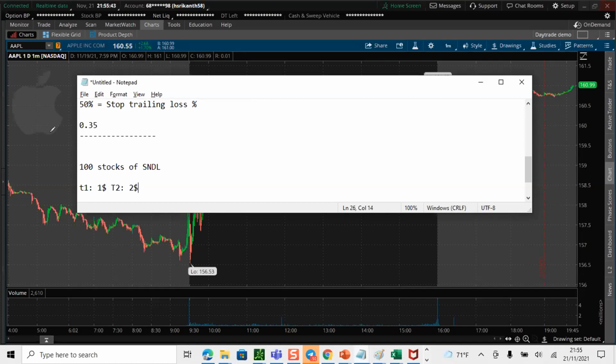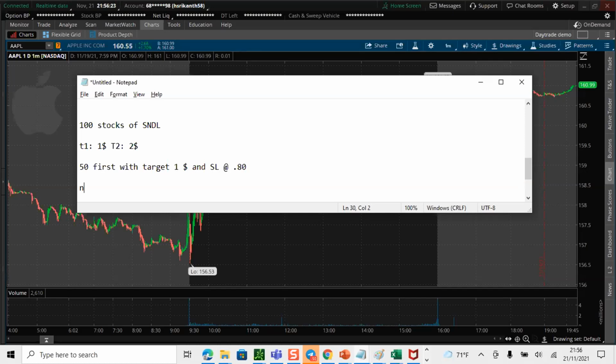Some people say that I need to set up a stop loss. They wanted to sell it incrementally, the first 50 stocks with a profit target of $1 and a stop loss at, let's say, 80 cents.